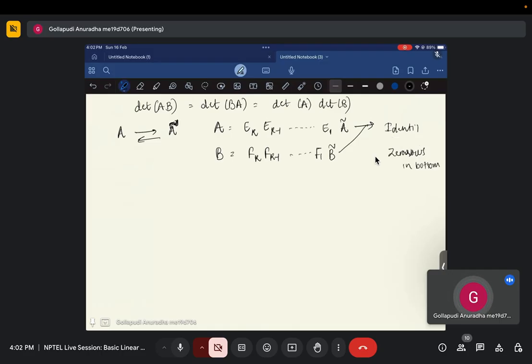If it's the identity matrix, I can say it like this also: it's a matrix as a product of some elementary operations. Similarly for B. Now I'm saying what is AB.